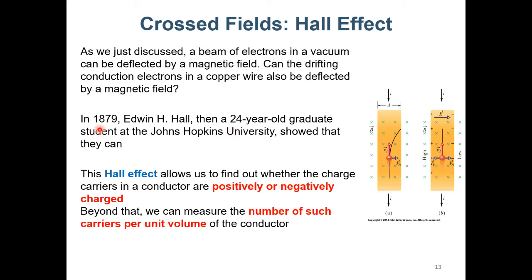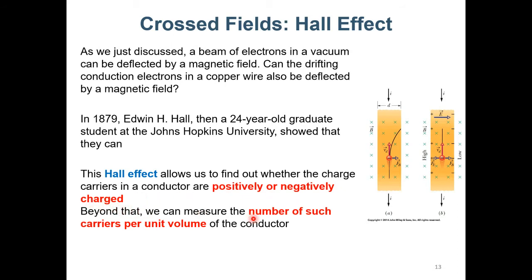So in 1879, Hall, then a 24-year-old graduate student at Johns Hopkins University, showed that they can. This Hall effect allows us to find whether the charge carriers in a conductor are positively or negatively charged.